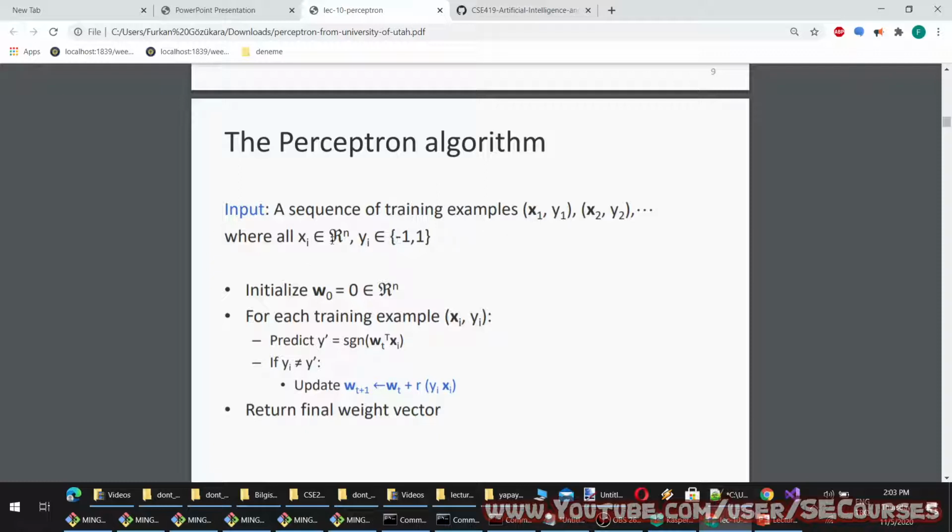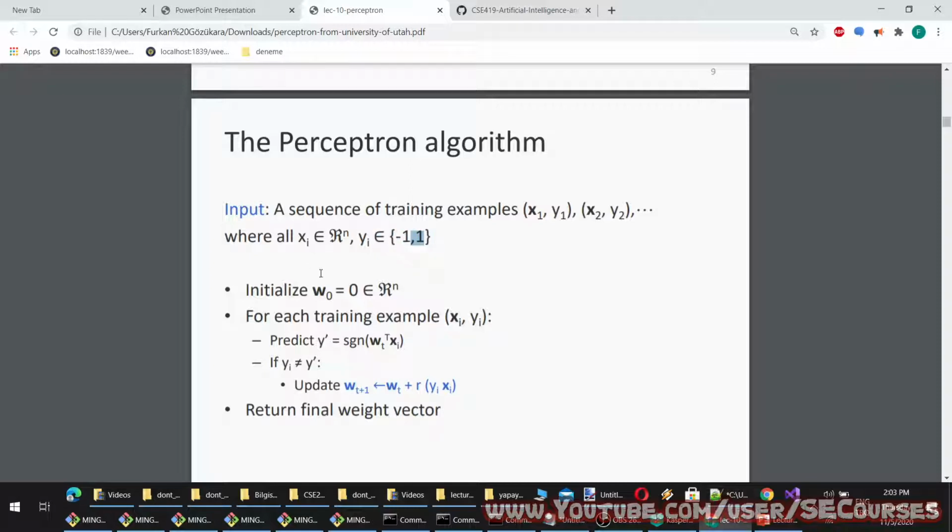We have training examples which are elements of real space, named x1, x2, x3, and they have a class output. Since this is a linear separation, there is a negative class and a positive class, and the negative class is -1 and the positive class is 1.